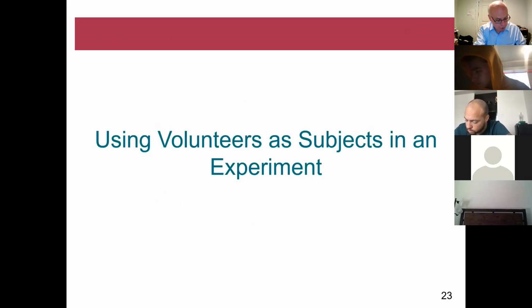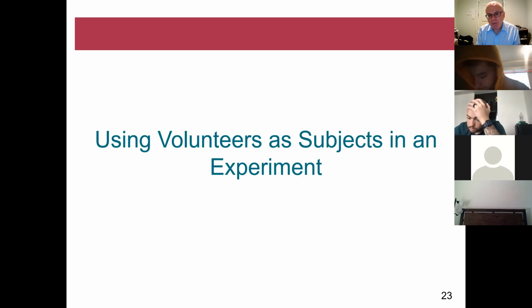Now, here is an important concept I want to bring to you. Many times experiments are done with volunteers. If it's done in a university, you may have even seen it at Rowan in the past, right? On a bulletin board, there might be a request for volunteers for an experiment. Well, if you're a volunteer for an experiment, what does that mean in terms of sampling for the experiment?